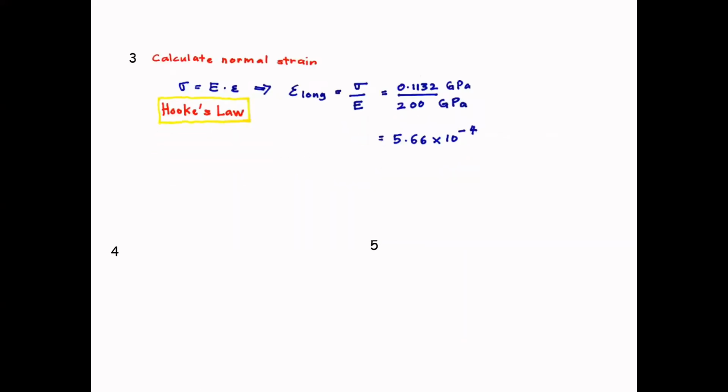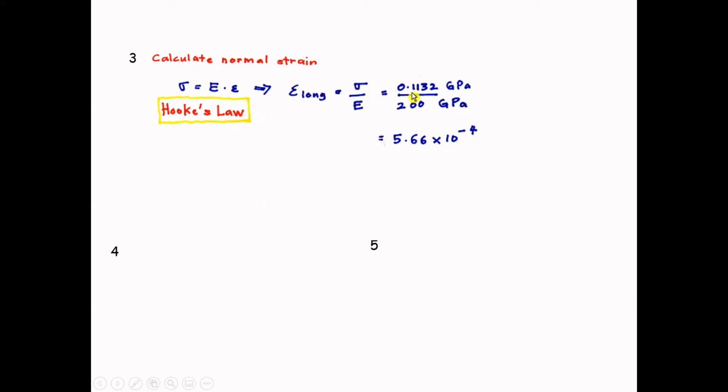Now, using Hooke's law, we can relate the stress to the strain, using the material property that we have. The normal strain parallel to the loading equals the normal stress divided by E, the modulus of elasticity.